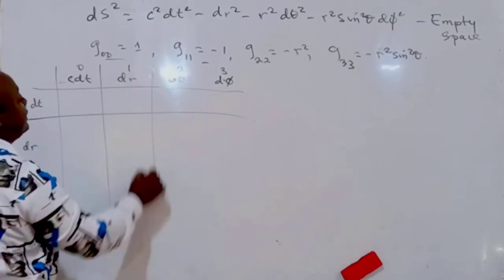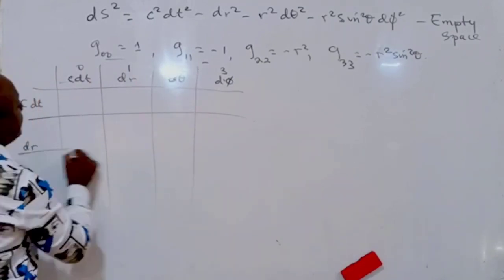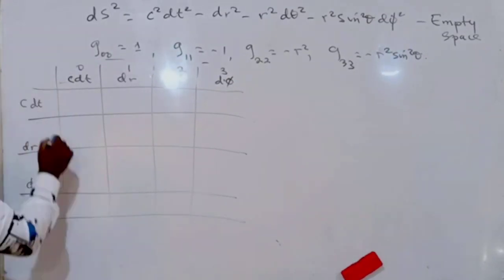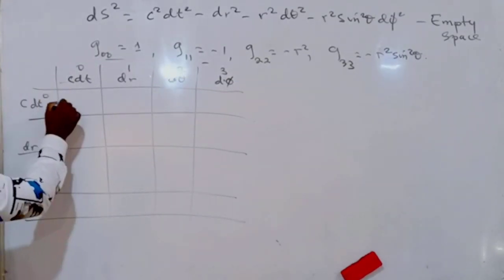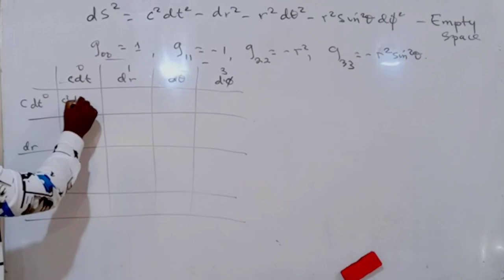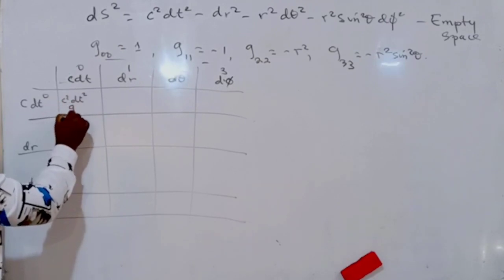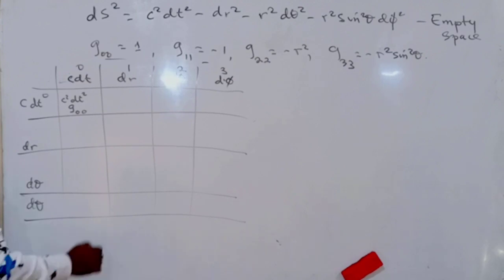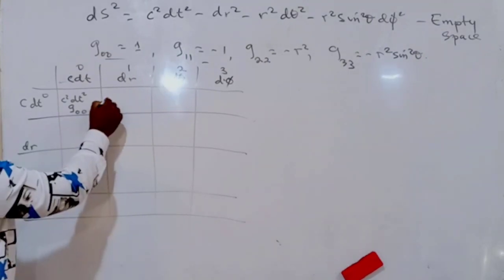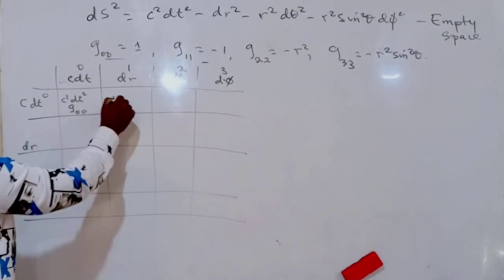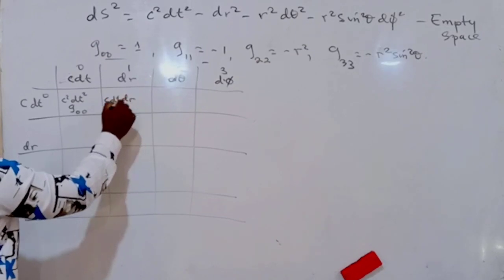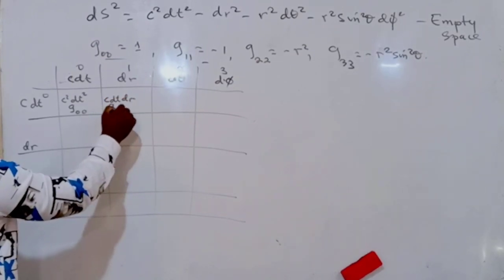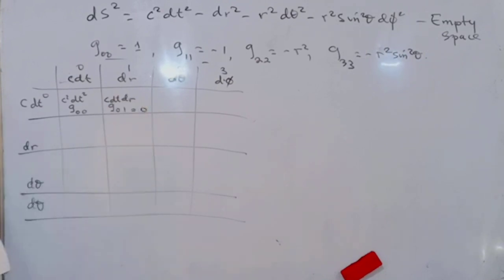So what I expect to have here is c squared dt squared, which is my g00. What I have here is c dt dr, which is g01, which is 0 in our case.